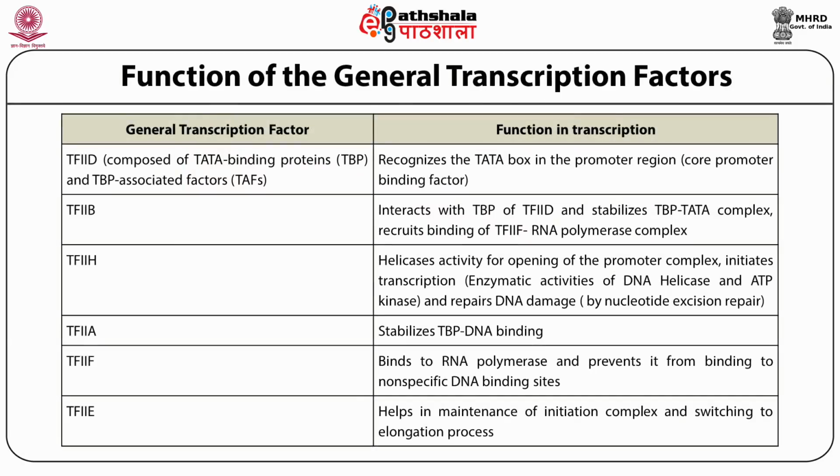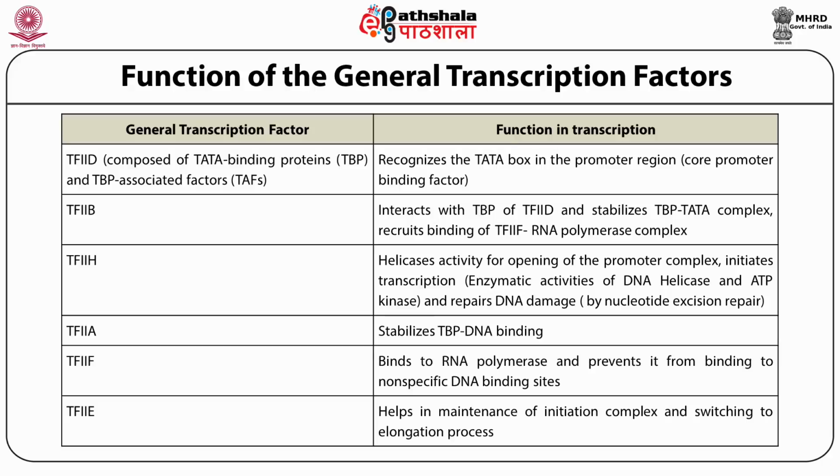Function of the general transcription factors. General transcription factor function in transcription. Transcription factor 2D is composed of TATA binding protein (TBP) and TBP associated factors. It recognizes the TATA box in the promoter region, the core promoter binding factor.